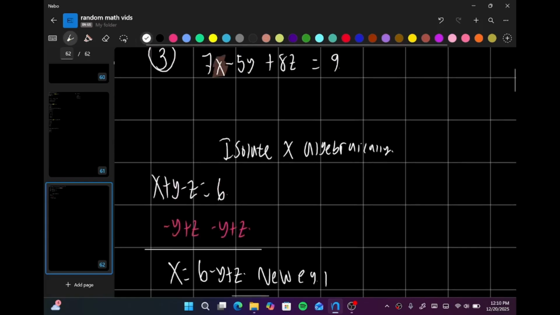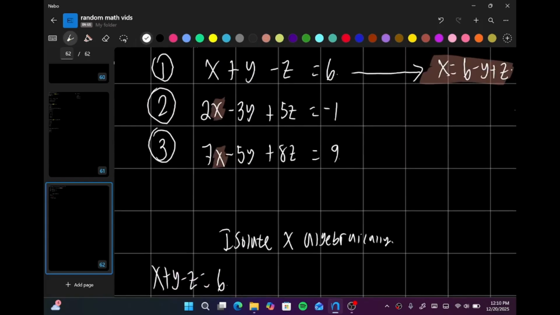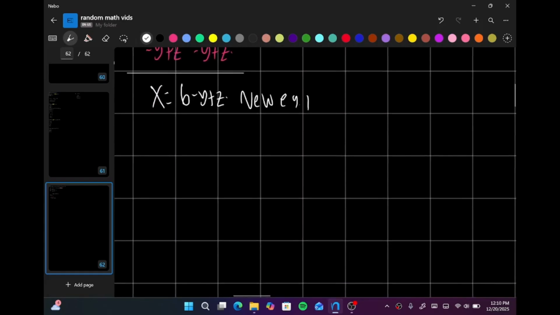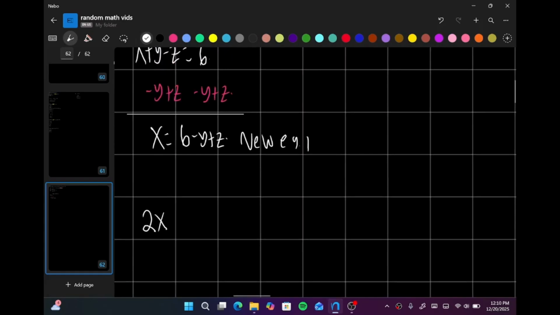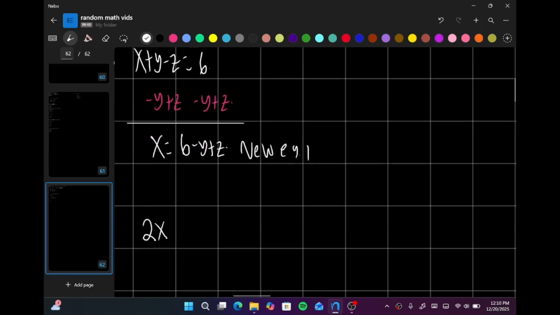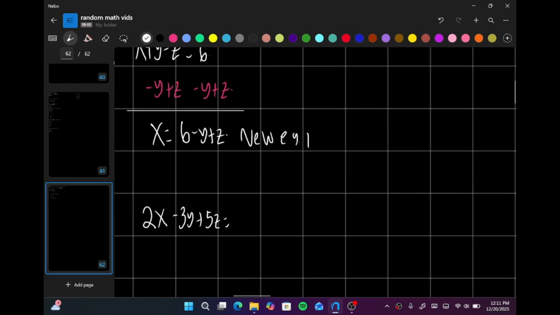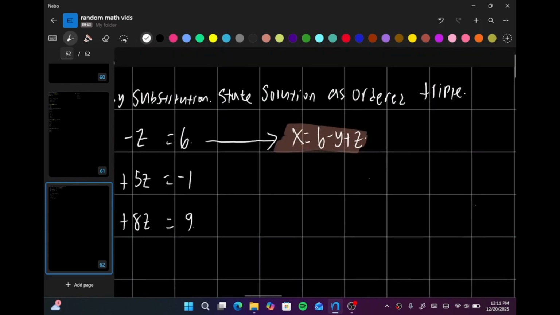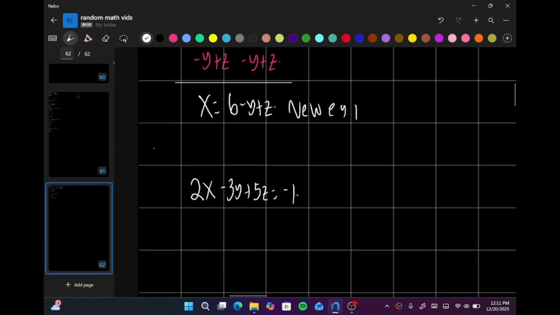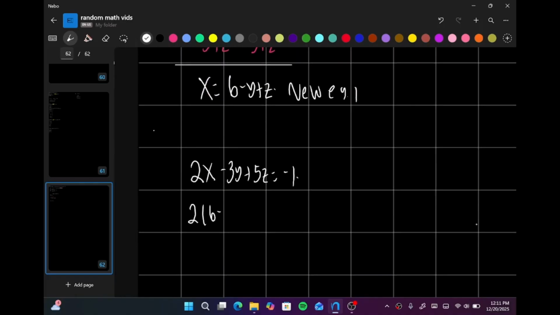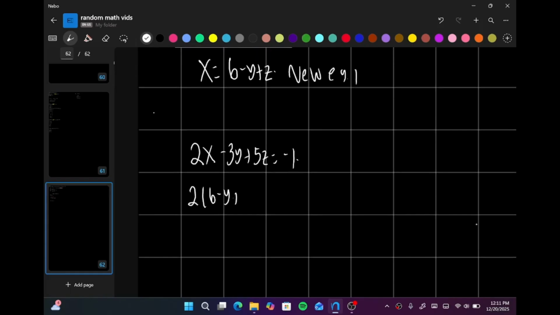We have 2x minus 3y plus 5z is equal to negative 1. We substitute: 2 times the quantity 6 minus y plus z, minus 3y plus 5z equals negative 1.